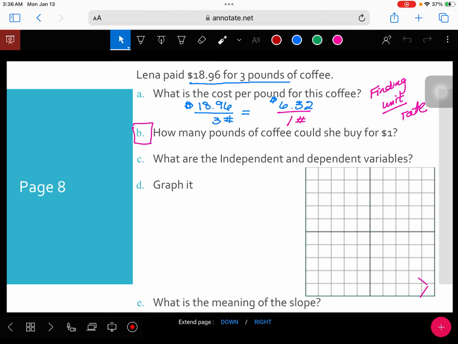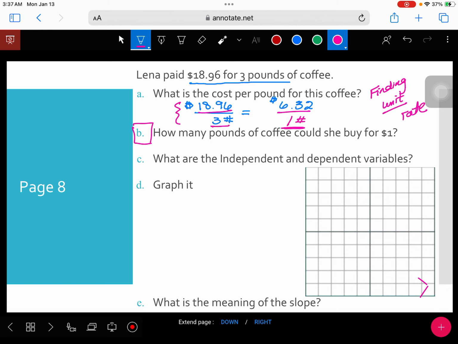Okay, so you can actually just divide, like we did here, $18.96 divided by 3, or you could make it into a proportion like I do have here and say, how do I get from 3 pounds to 1 pound when I set up this proportion with 18.96 and 3 pounds?